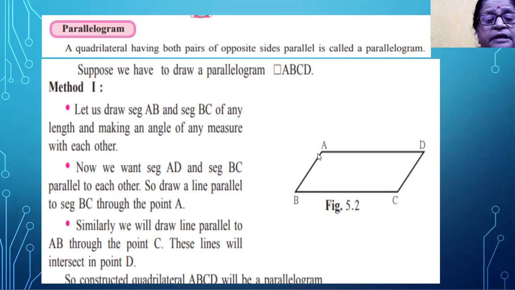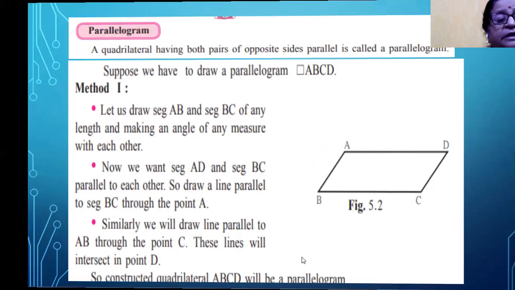Draw AB and BC of any length with any measure of angle, then draw the AD line and BC line such that AD is parallel to BC. Like that you have to construct.